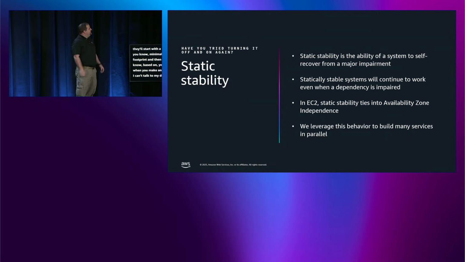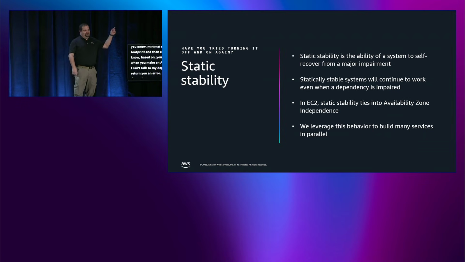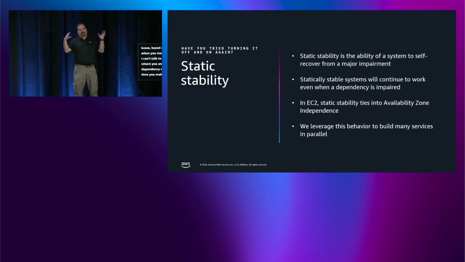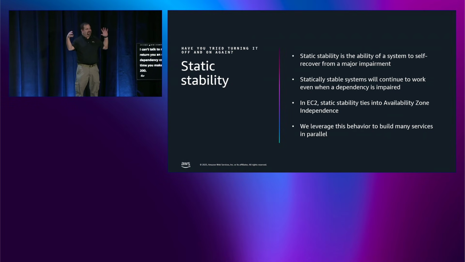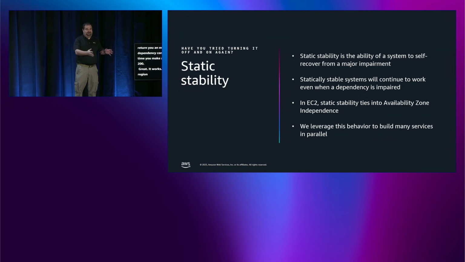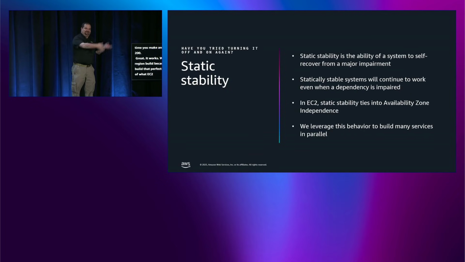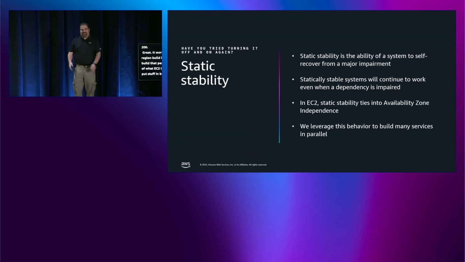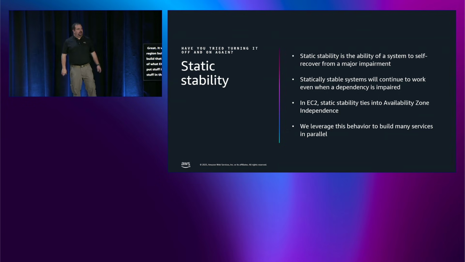Great, it works. We can use this in region build, because while I can't build that perfect dependency map of what EC2 looks like today, I can put stuff in buckets, right? I can put stuff in the foundational database bucket of EC2, and the provisioning bucket, and the fancy API layer bucket.